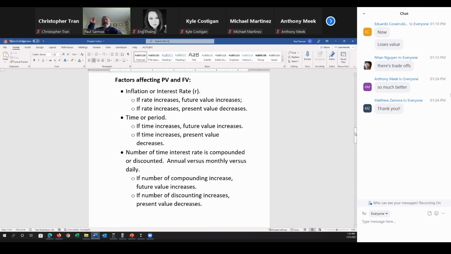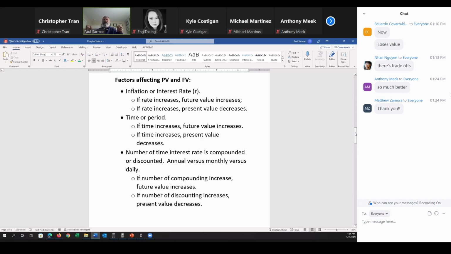If inflation or interest rate, doesn't matter, interchangeable here, either one, increases, goes up, future value will increase, present value will decrease. One more time.